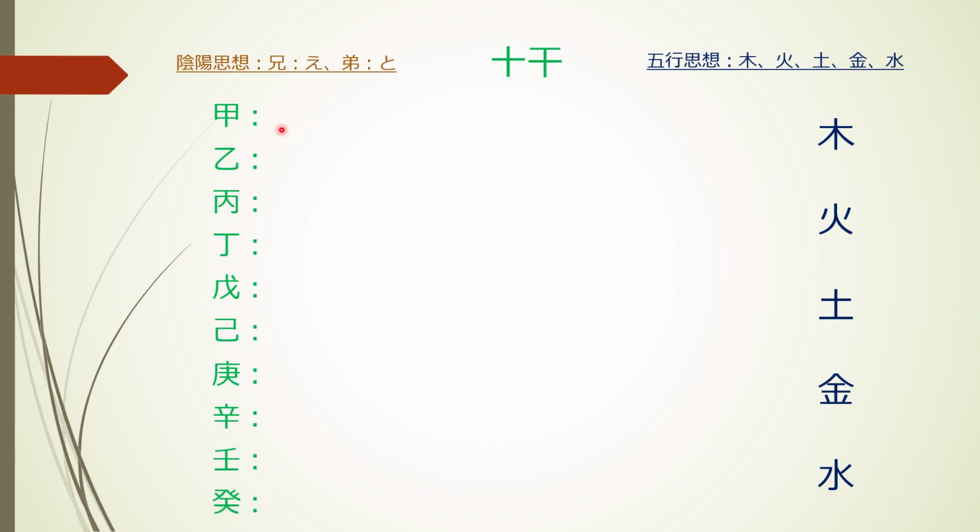I'm still recording, I think so. Each set of two finishes in e and to, and this is where we get the reading for the kanji as Eto, Kinoe, Kinoto, Hinoe, Hinoto, and the like.